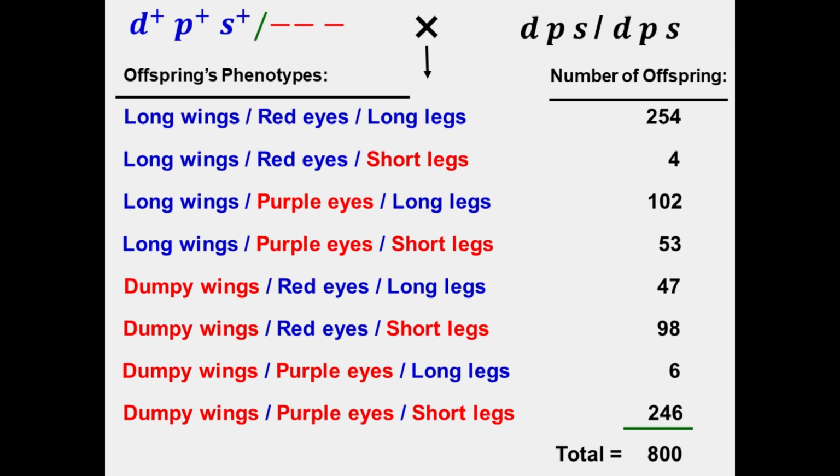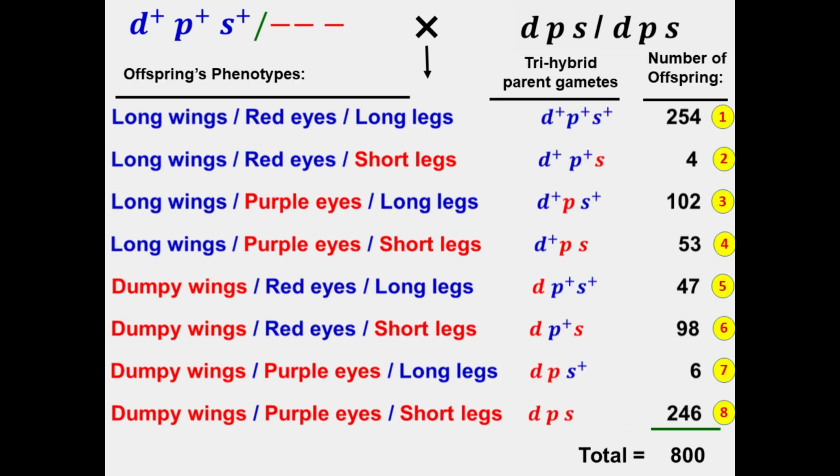From this, we can conclude that the three genes are linked. Take a look at the 2 phenotypes that have the highest numbers. These are the parental types, while the 2 with the lowest numbers are the double crossover types. The remaining 4 phenotypes correspond to the 2 single crossovers.